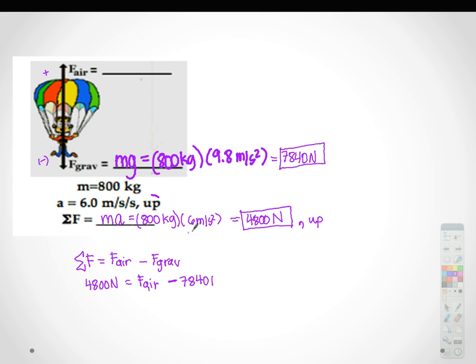Then do the math. F air is equivalent to 4,800 newtons plus 7,840 newtons, and this should be equivalent to 12,640 newtons.